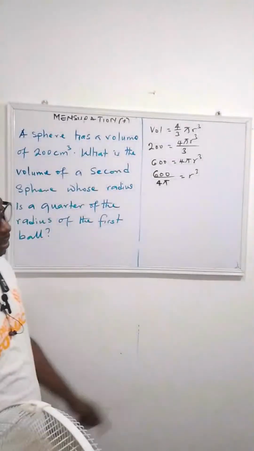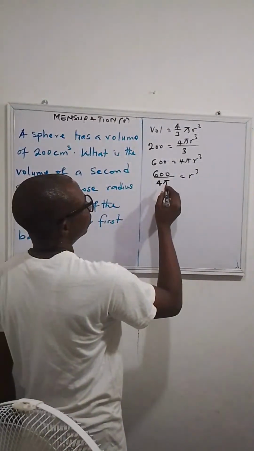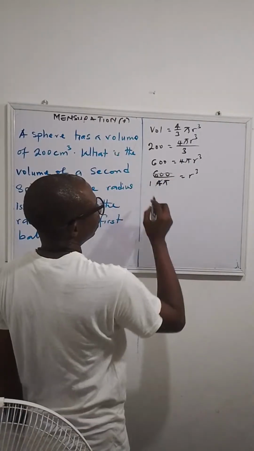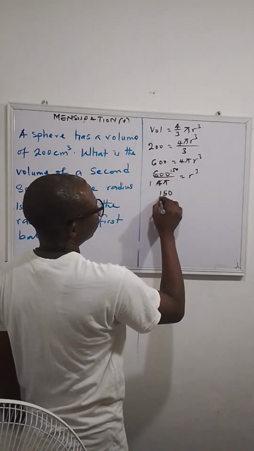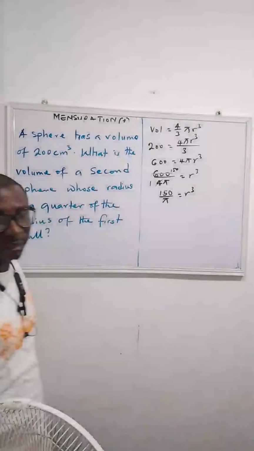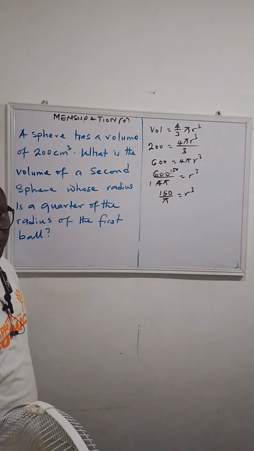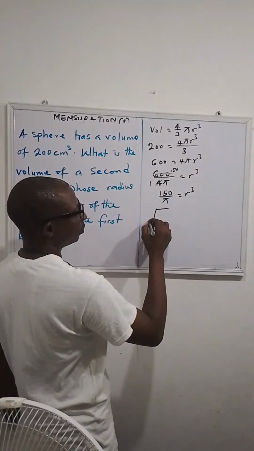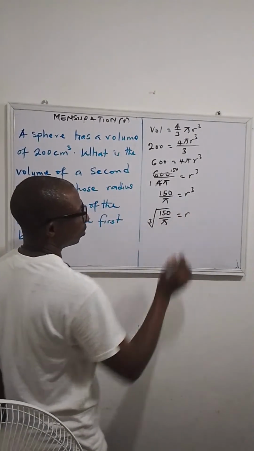Don't forget, what we want to get now is r. 4 goes into 4 once, and 4 goes into 600, 150. So 150 over pi equals r cube. Now I can get the answer for the radius of the first sphere. Just take the cube root of both sides. So I have the cube root of 150 over pi equals r. That's what you have.